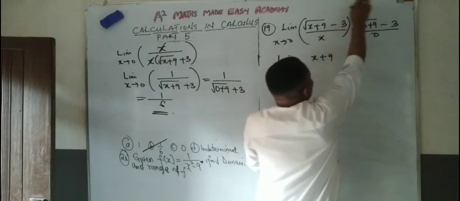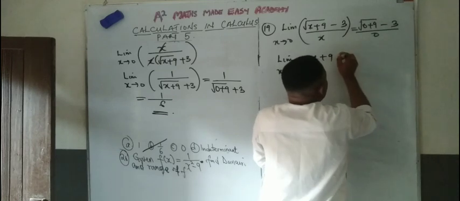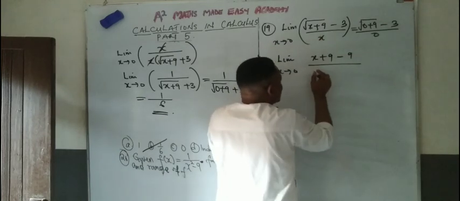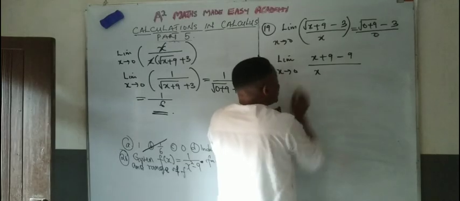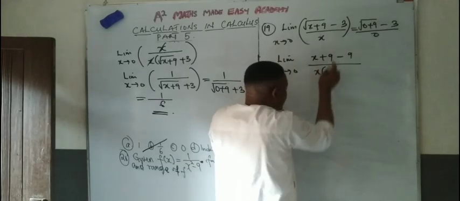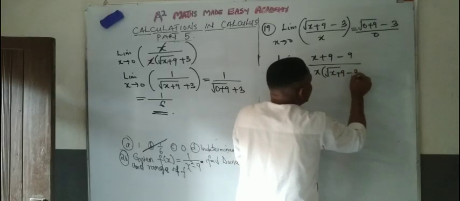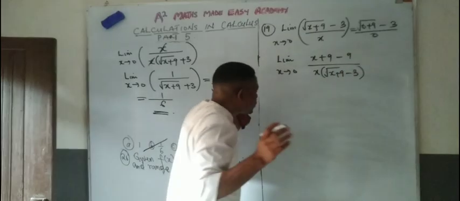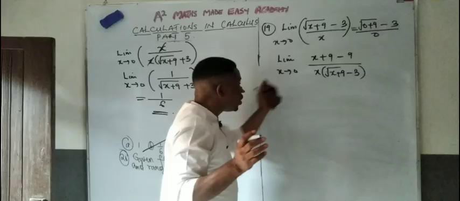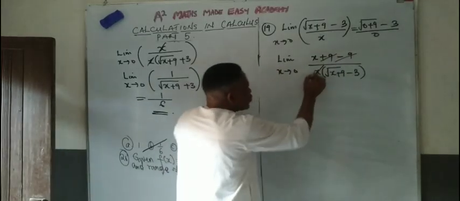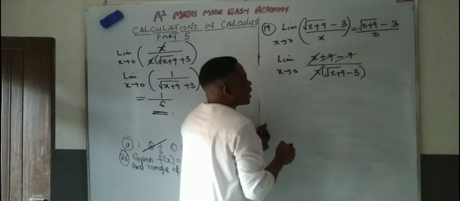And minus 3 multiplied by plus 3 will give me minus 9. Then all over, you know that this particular x here will come down, right? And the numerator will still come down, which is square root of x plus 9 minus 3, close the bracket. Can you see that the answer has appeared using shortcut? So plus 9 will go with minus 9, x will go with x. Am I communicating now?